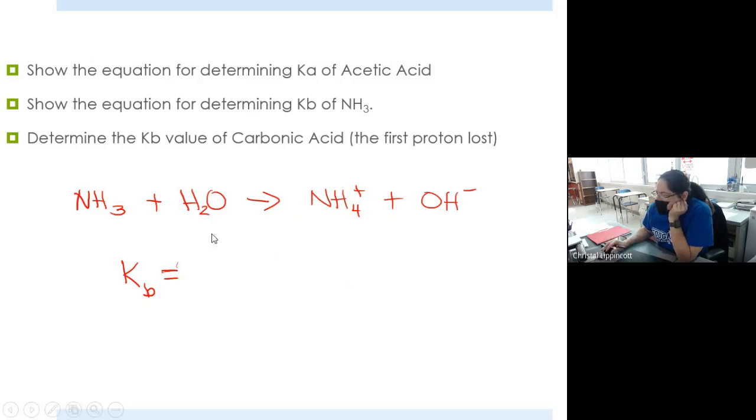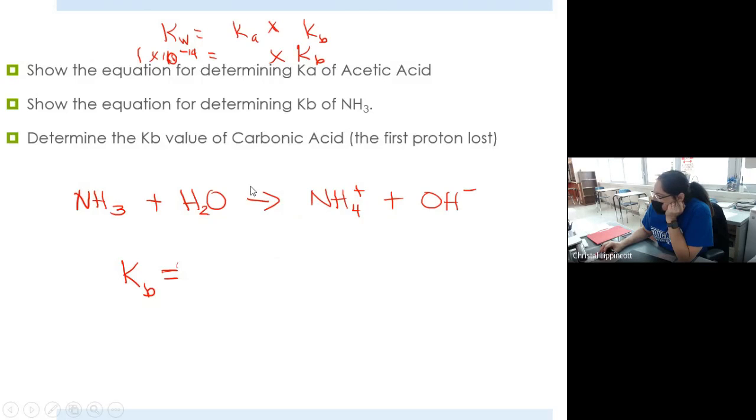Okay. So remember Kw is going to equal Ka times Kb, right? So we always know that this value is 1 times 10 to the minus 14. And we know the Ka value for our carbonic acid. We'll look that up on the previous slide, but we're going to solve Kb here.